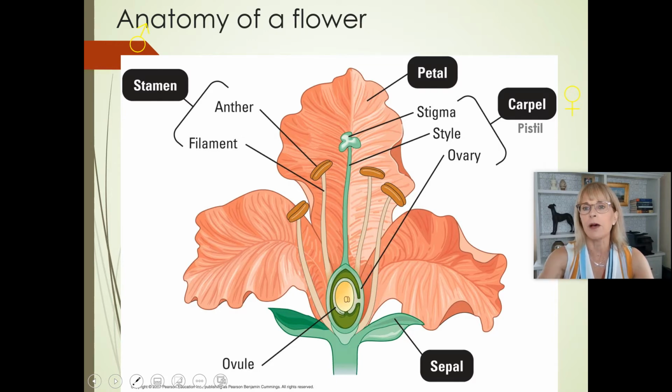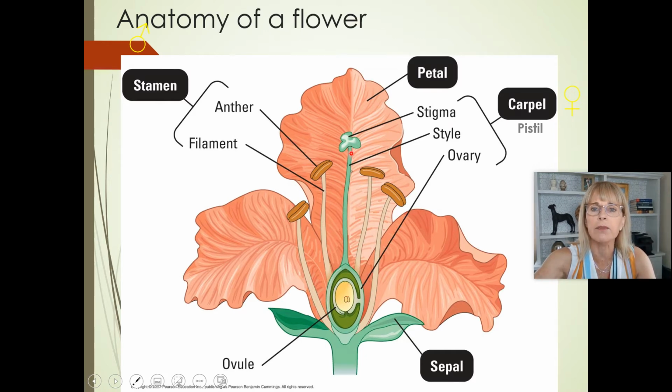Then we have the female parts, and the female parts can be called the carpel or the pistil. Okay, so stamen for male, I don't know how to remember that. Carpel or pistil is female. And the carpel or pistil is divided up into these parts. There is an ovary in all the flowering plants.